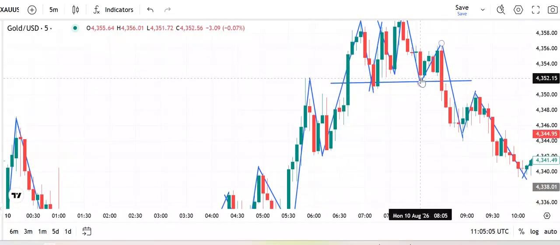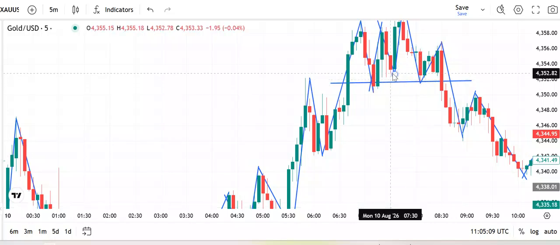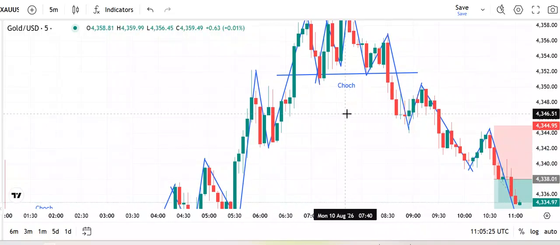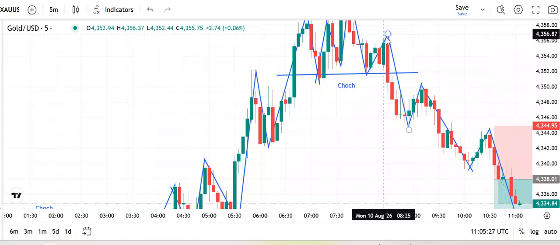But here we saw the first lower low, because this particular low is lower than this low. Then we start to have change of character here as well. We start to see change of character at this particular point. Then we start to see lower low, lower.